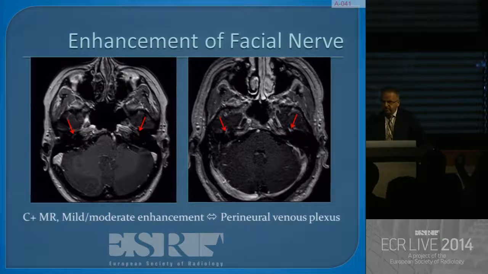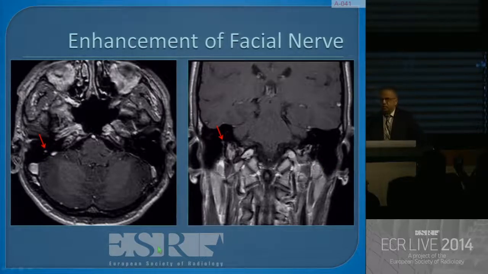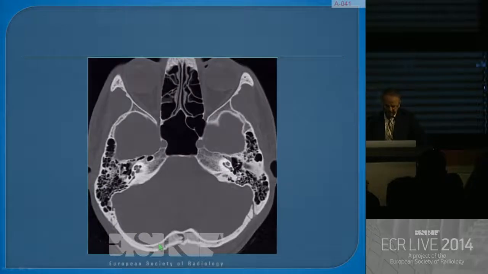It's easy to decide when it is bilateral, and it's a result of the perineural venous plexus, but sometimes it can be asymmetric, as in this case. In this case, the right side facial nerve looks brighter than the left side. In this case, we can only use the clinical signs to find the correct answer.